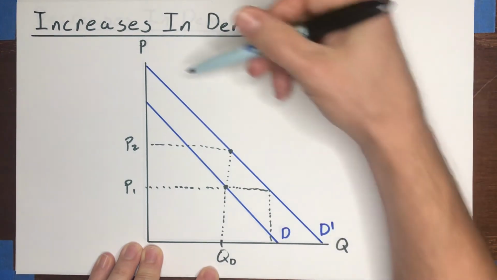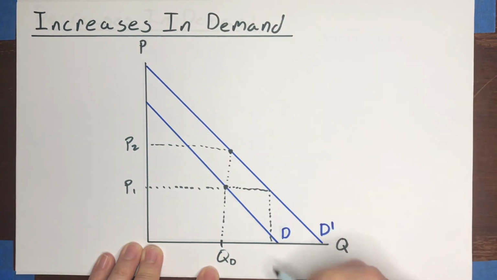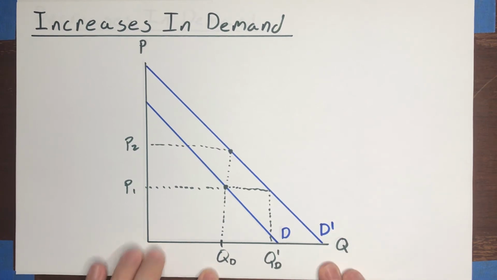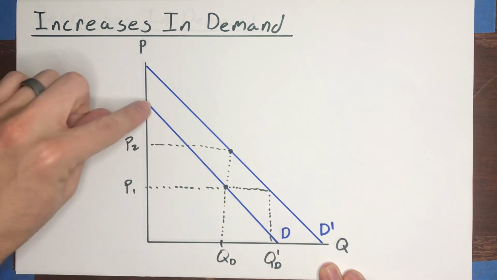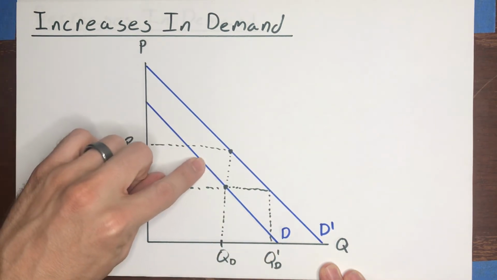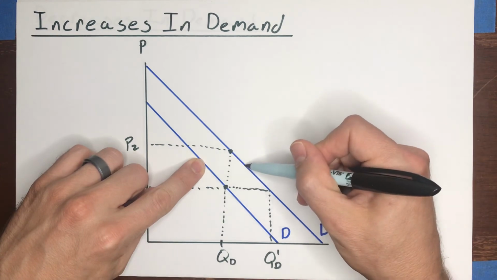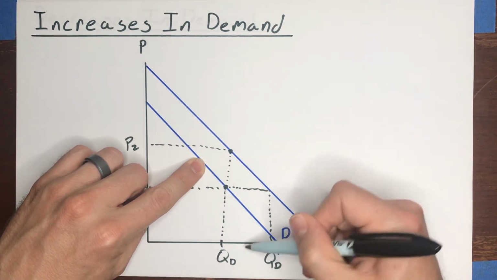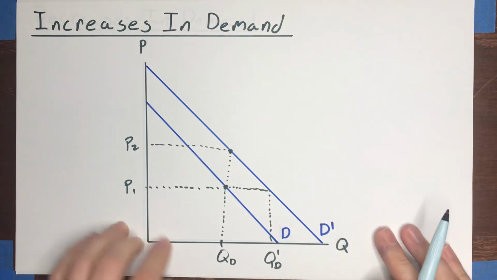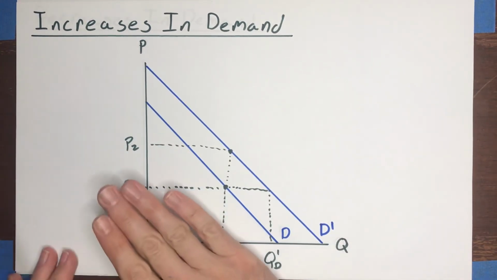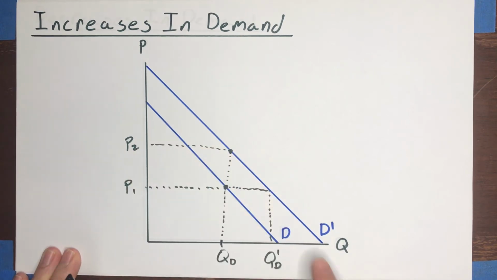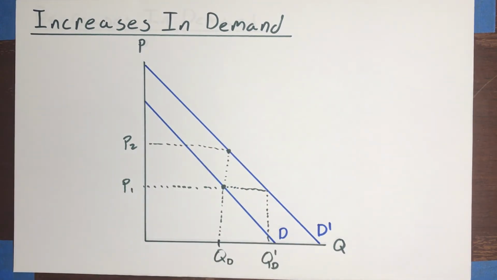But on this second demand curve D prime, it intersects at a larger quantity. I'll call that quantity QD prime. Again, that is true all along this demand curve. Pick any price, and that same price will generate a larger number of sales on demand curve D prime than it will on the original demand curve D. So an upward, rightward shift of the demand curve represents an increase in demand.